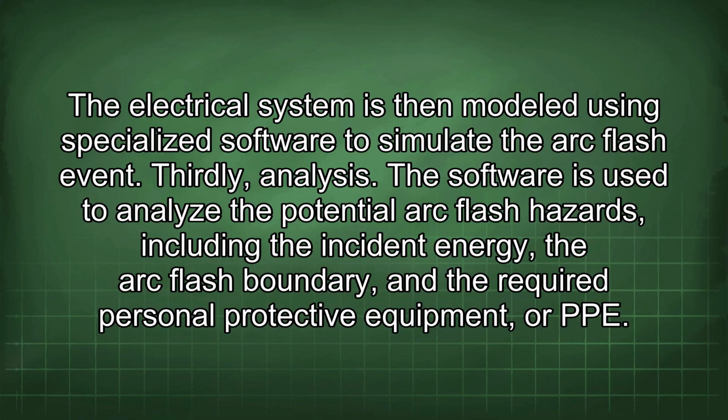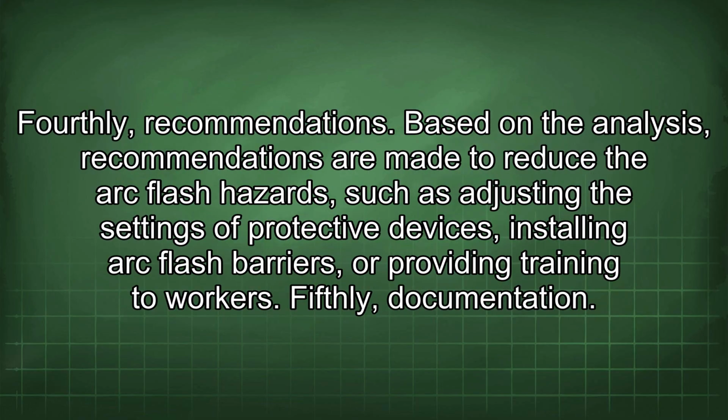This software is used to analyze the potential arc flash hazards, including the incident energy, the arc flash boundary, and the required personal protective equipment, or PPE. Fourthly, recommendations. Based on the analysis, recommendations are made to reduce the arc flash hazards, such as adjusting the settings of protective devices, installing arc flash barriers, or providing training to workers.